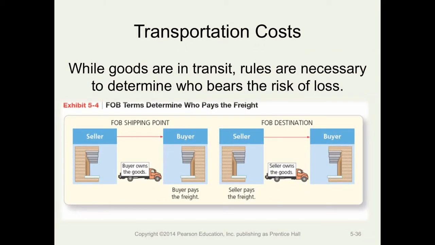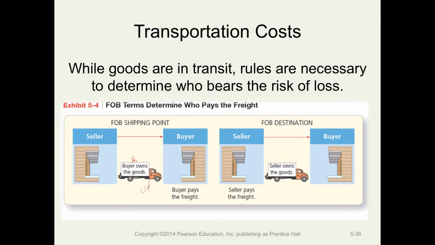So if we take a look at this exhibit 5.4, we'll see that if it's FOB shipping point, title passes immediately. Incidentally, you should always keep in mind that typically there is a link between the passage of title to the buying company and the freight charges, so that when it's FOB shipping point, title passes as soon as the goods are turned over to the common carrier.